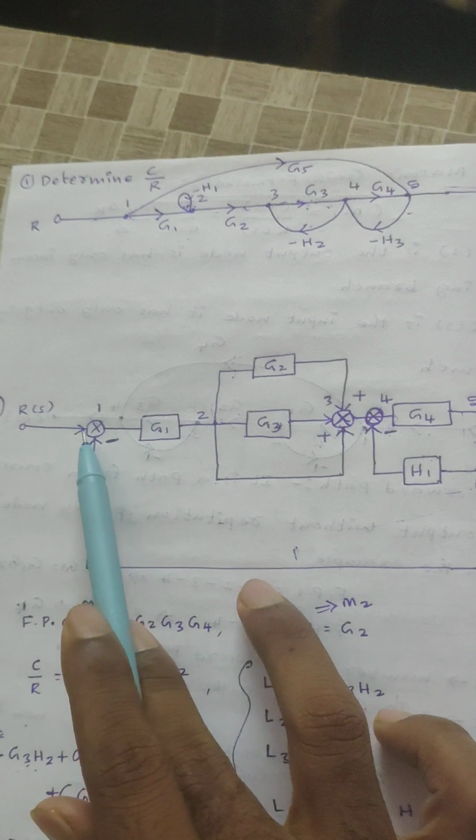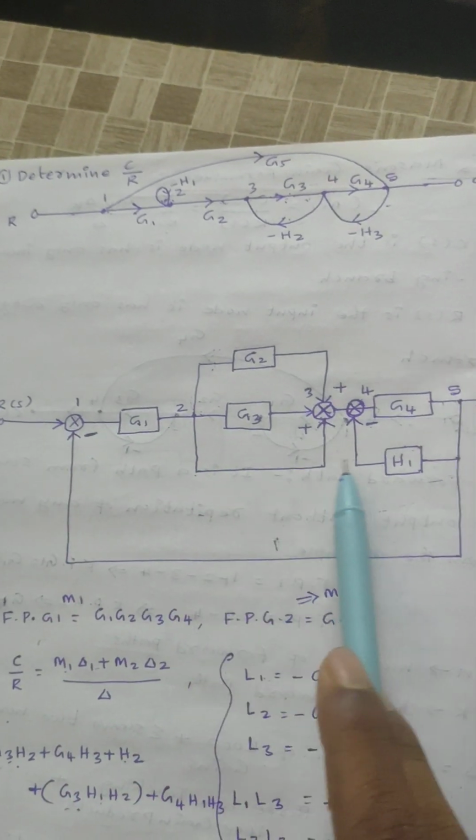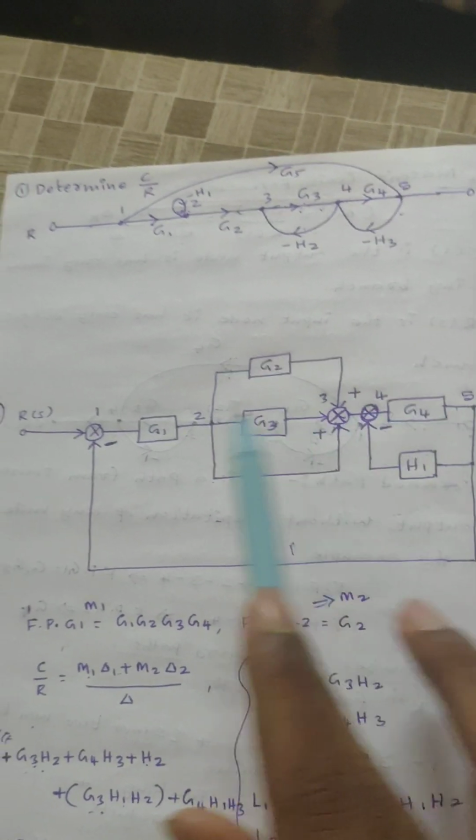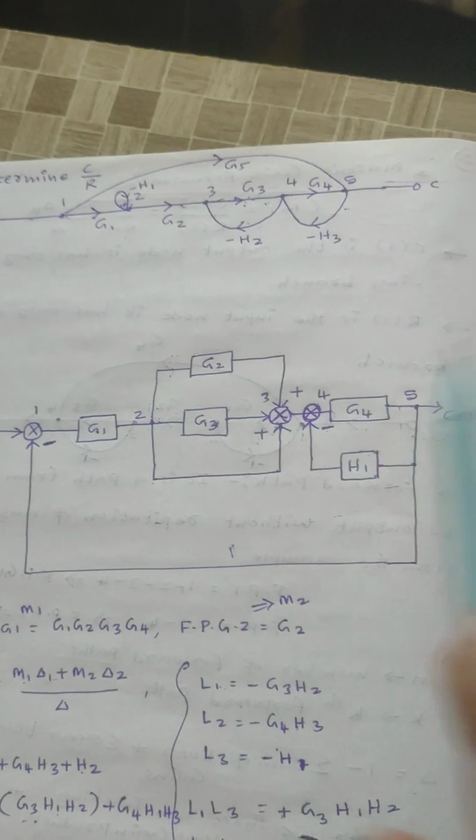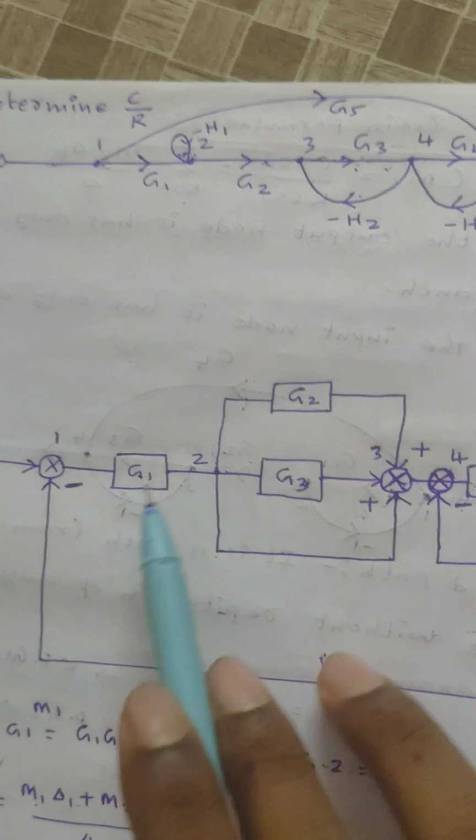Similarly, the next forward path is from G1 to G4. The third forward path is G1 to G2 to G4. Those are the forward paths, that means three forward paths. Then the three forward path gains are: M1 is the first forward path gain, that is G1, G3, G4.